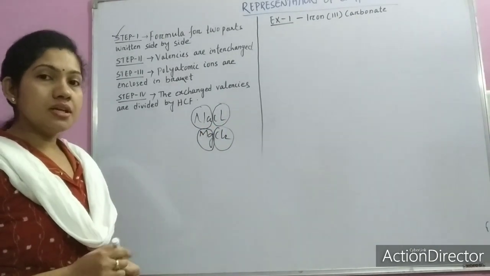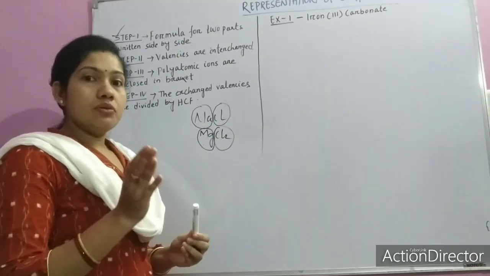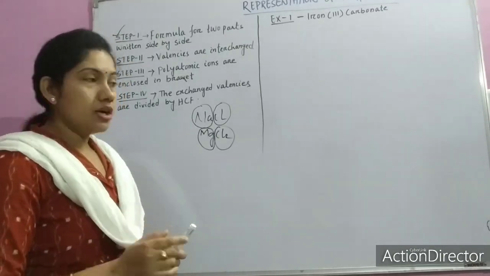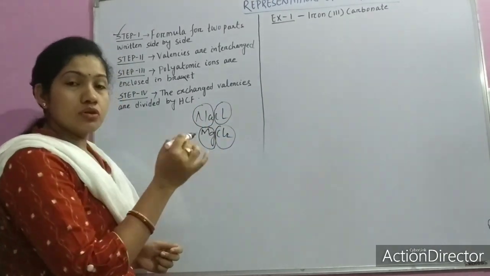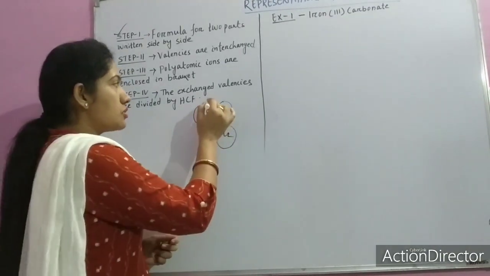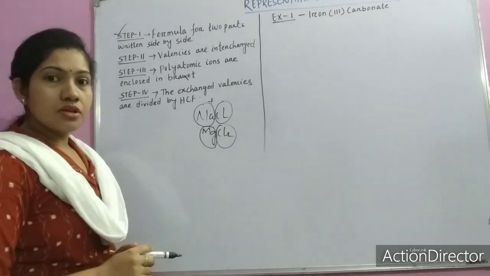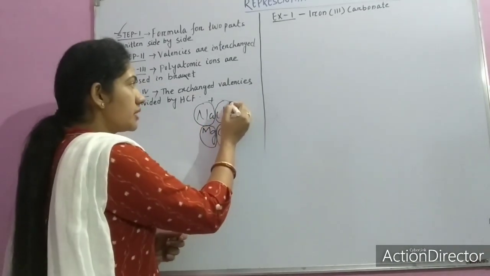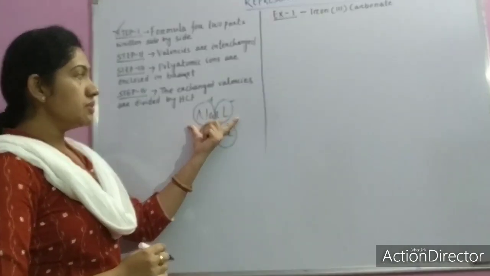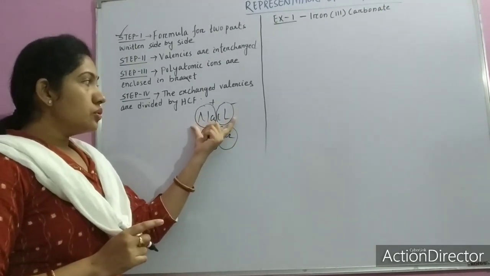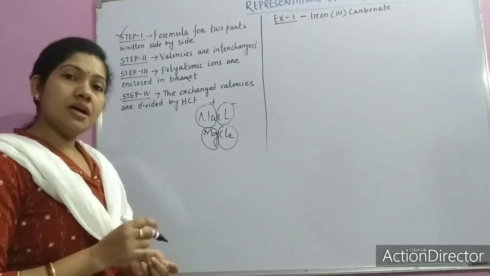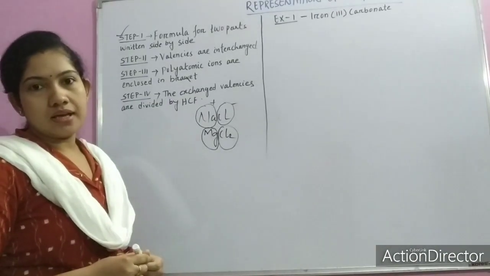One more thing, remember, we have already done what is cation and what is anion. Cation means those atoms or ions which contain positive charge, and anion means those ions which contain negative charge. When we are talking about the 2 parts, one must be a cation and another must be an anion.